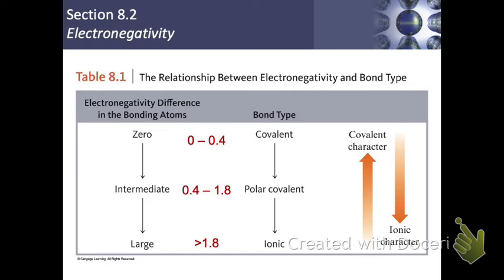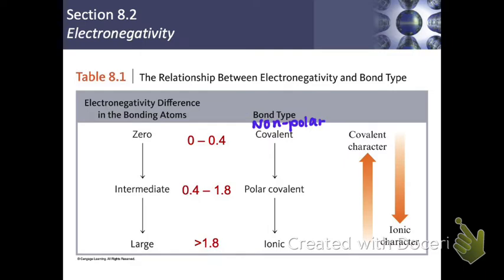Okay, so here's some numbers you can put down for the range of polar covalent, non-polar covalent, and ionic bonds. Your Chem 1 textbook gives them a little differently. They're all in the same ballpark, but this is just a tiny bit different. 0 to 0.4 would be considered a non-polar covalent bond.